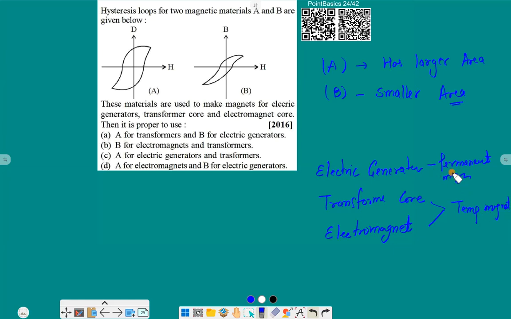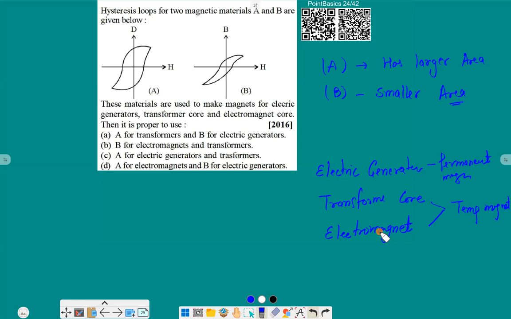If we are making a permanent magnet, then that permanent magnet should be able to retain its magnetic property under a large reverse current, or we can say that the magnet should have a larger hysteresis loop area. So material A or graph A satisfies this condition. So for the electrical generator, we will use graph A, and for transformer cores and electromagnets, we need to magnetize them multiple times.